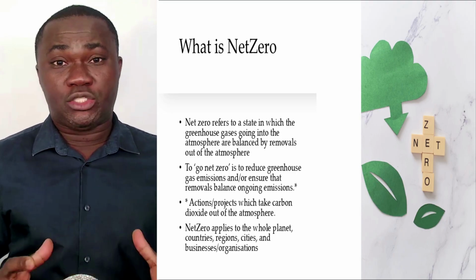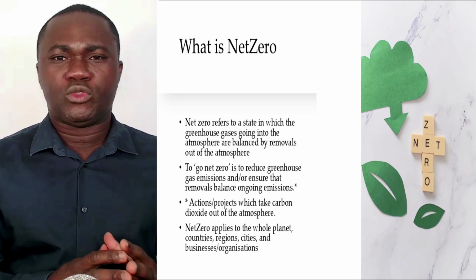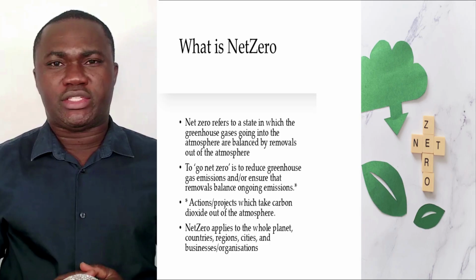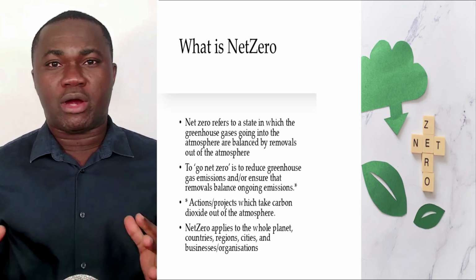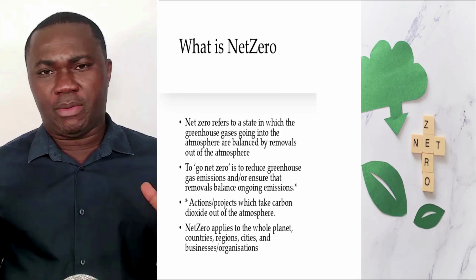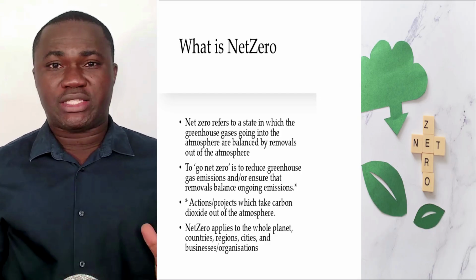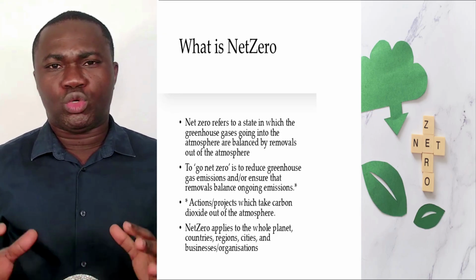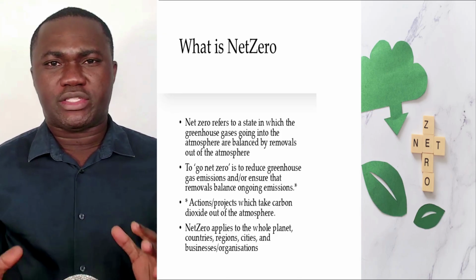Net zero can be applied to a country or an organization. So net zero is the required global response to mitigate the effects of the climate emergency. And with that, it's about limiting global warming to 1.5 degrees C.